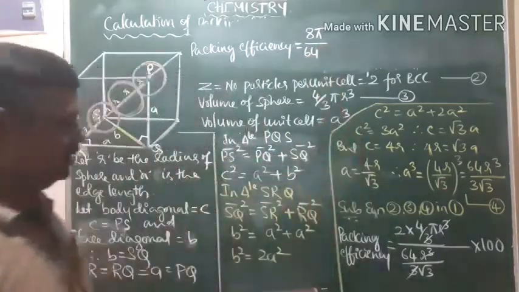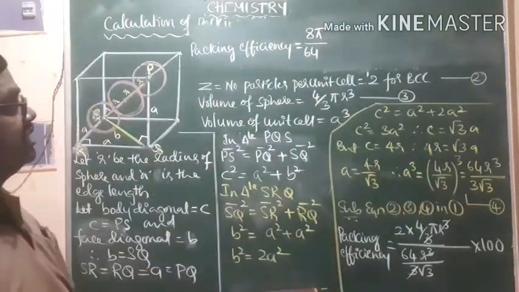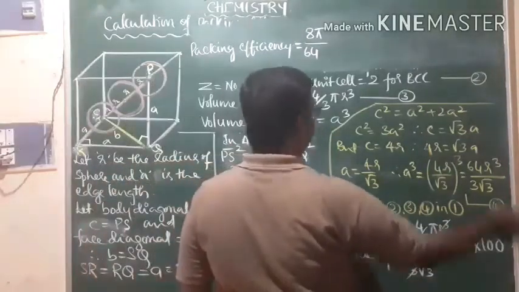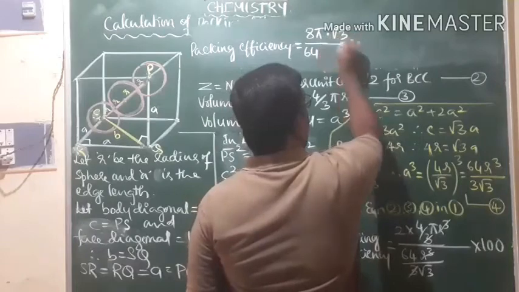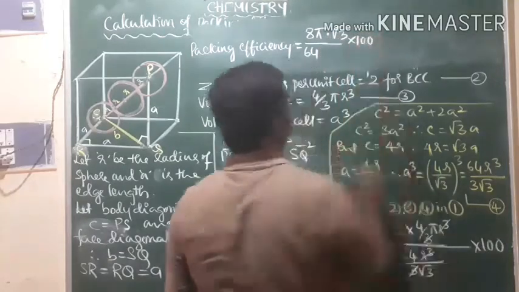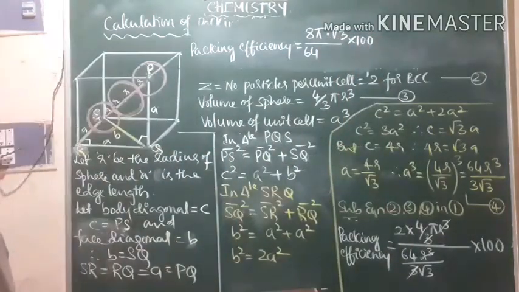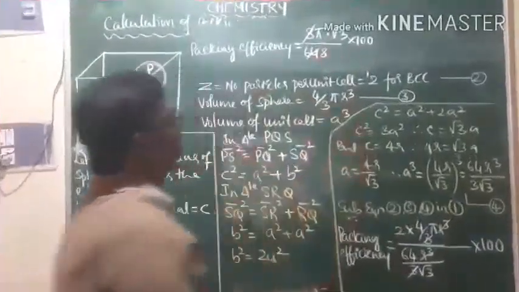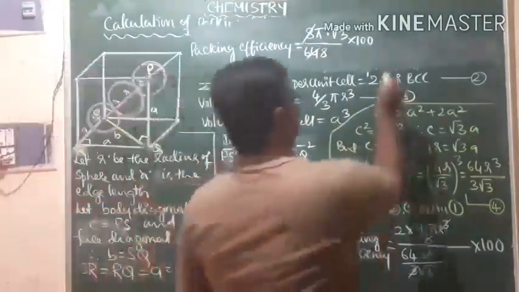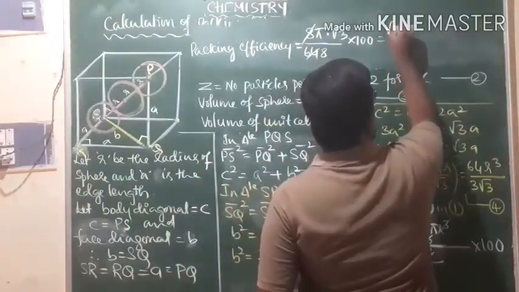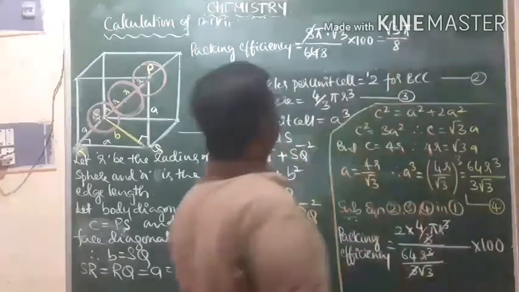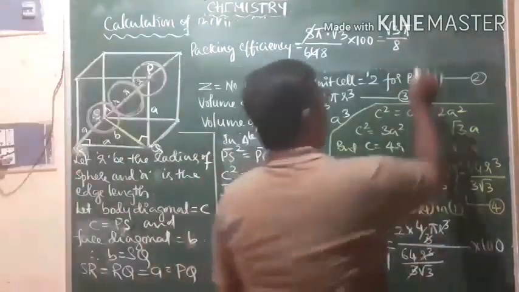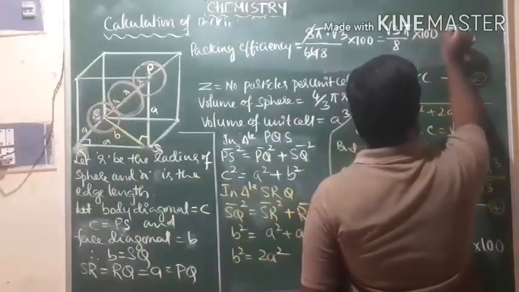Root 3 goes to the numerator, into root 3 and of course into 100. So this is 8, then that is equal to root 3 pi divided by 8 into 100.